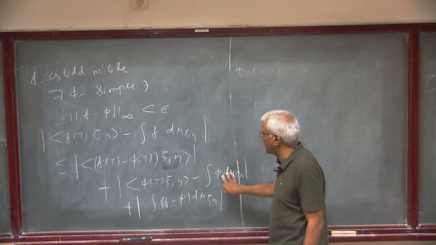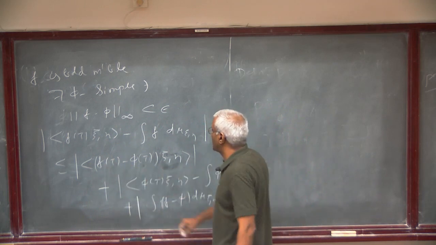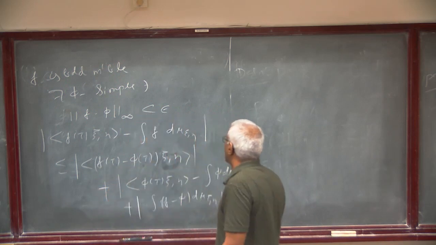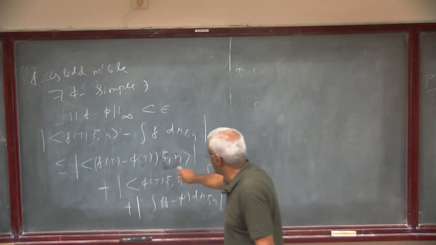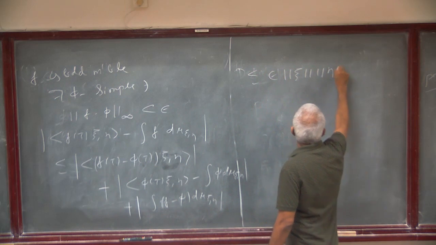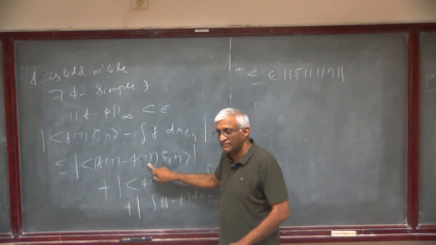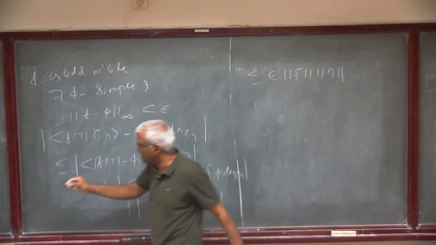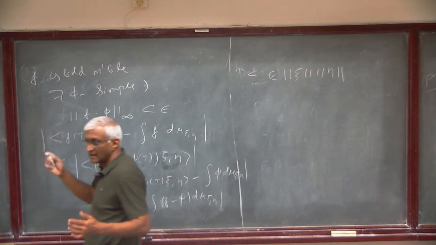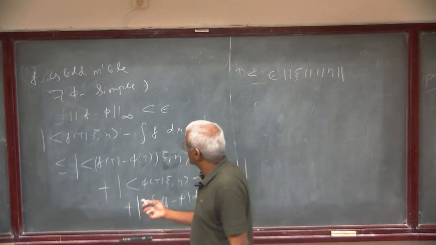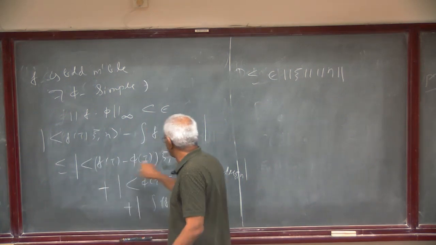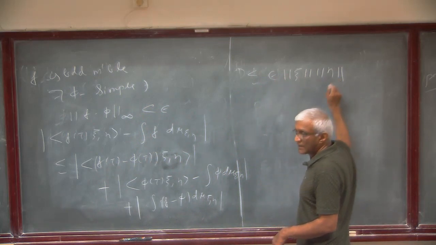The functional calculus is isometric, so you can make the norm of f of t minus phi of t less than epsilon, since the supremum norm of f minus phi is less than epsilon. So this is less than epsilon times norm xi times norm eta.